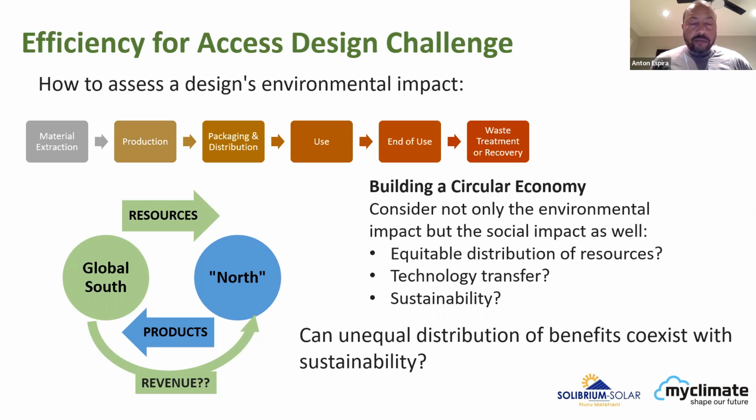Right now, it's very difficult to do environmental impact assessment of the manufacturing process for various reasons, but one of them is because many OEMs and generally many manufacturers do not reveal details about the production and the material extraction.